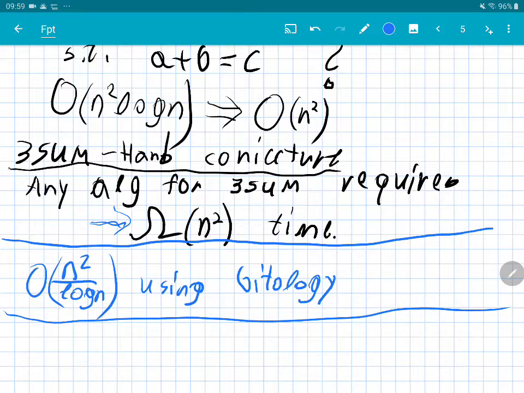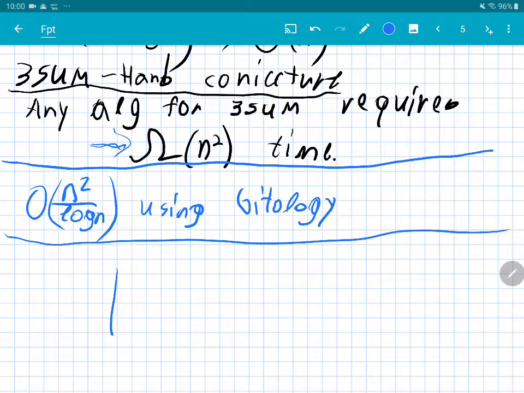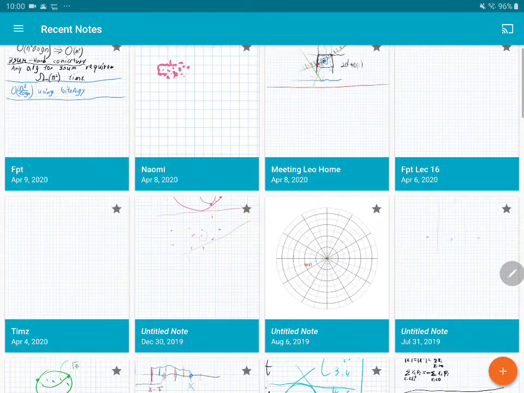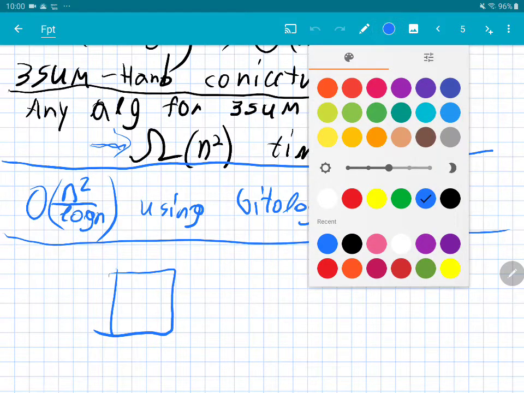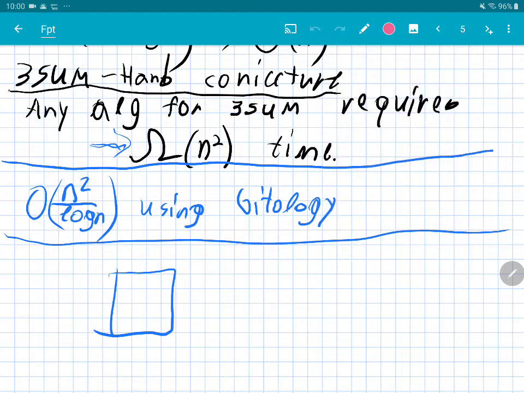And once you have this conjecture, you can show a lot of problems are equivalent to this problem. Things like, maybe my favorite problem: I give you the unit square, and I give you n triangles.